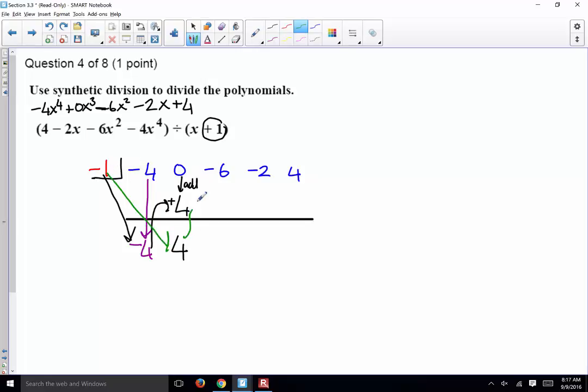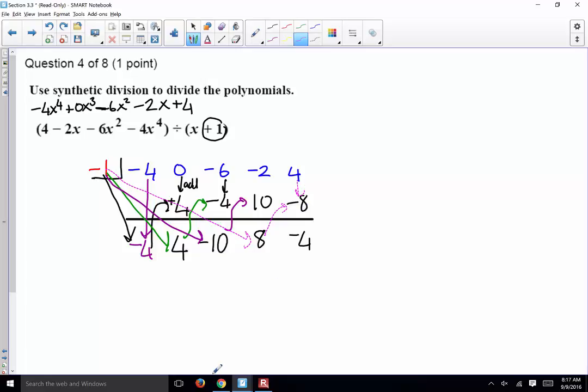Multiply, put it here. -4, add -10. Multiply, put it right here. 10, add 8. -8, add -4. Again, multiplied, used it here, and we added.